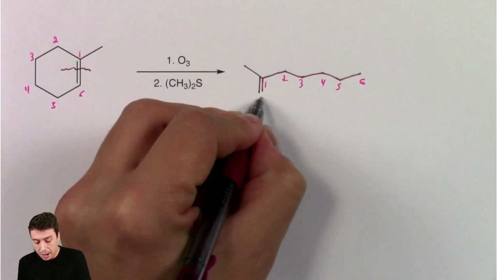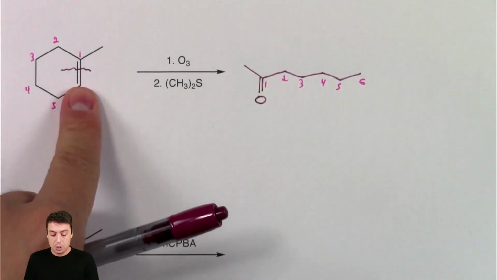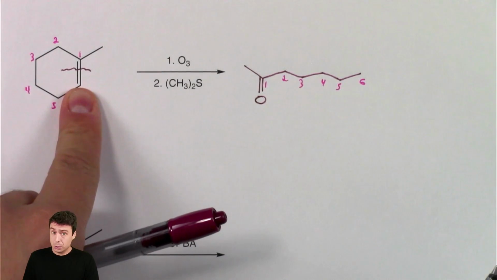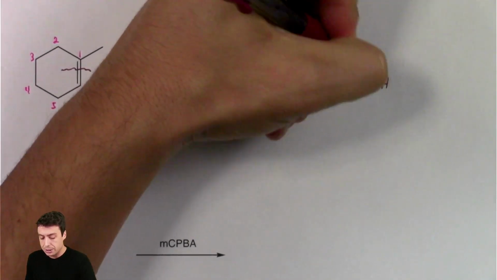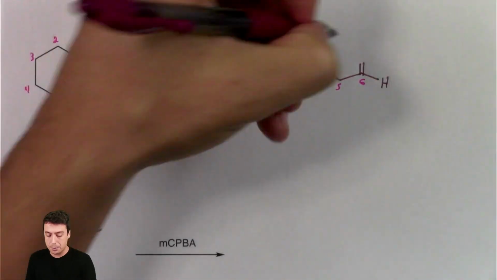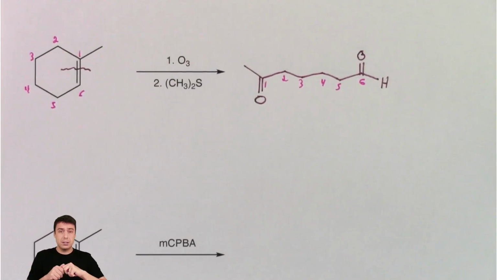But now we put an oxygen in its place. So it's an oxidation reaction. We're oxidizing, we're adding bonds to oxygen. And on carbon 6, we didn't see it, but there was a hydrogen there, right? So there's still a hydrogen. And then you get the double bond, which is what we had, and now it becomes a double bond to oxygen. So that's the best way to write it. Split it, unravel it, add the double bonds to oxygens.